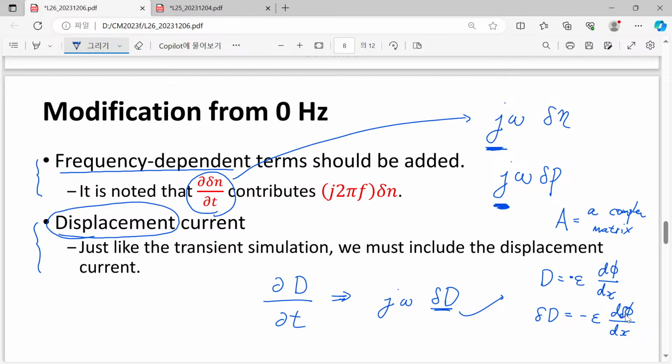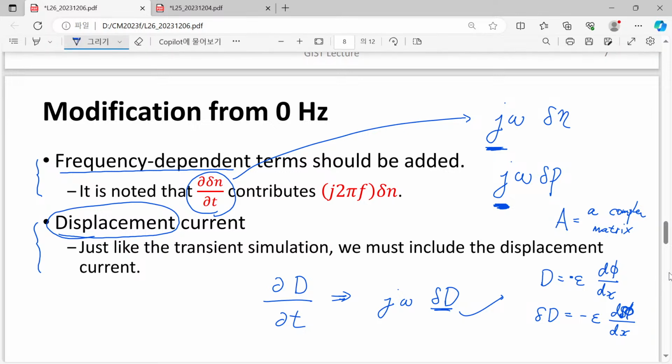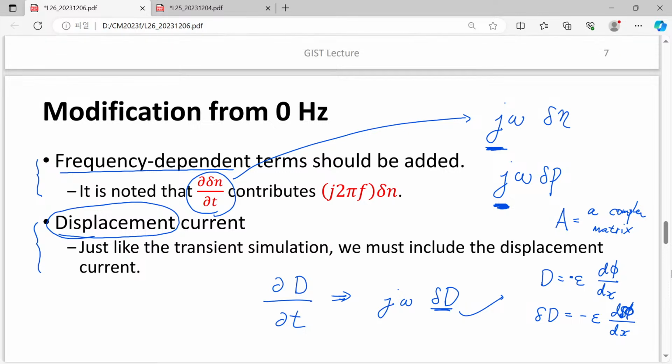Delta phi. Yes, that is the form we must have. So please implement this form, and of course with the j omega term, then that will give you the displacement current term. That is quite important. Without this term, you cannot get the correct behavior of your system.